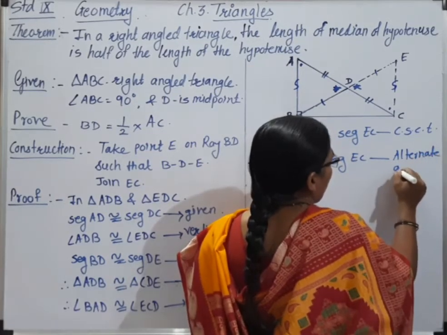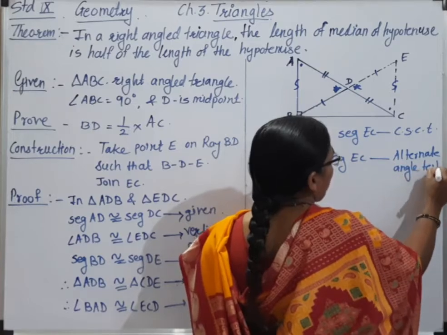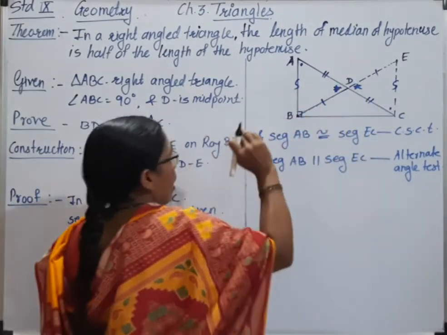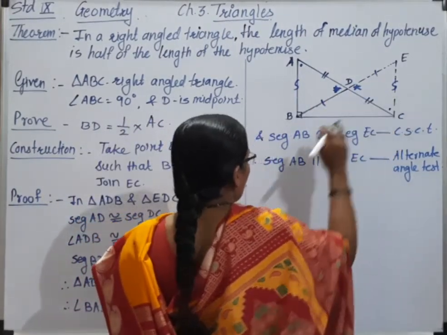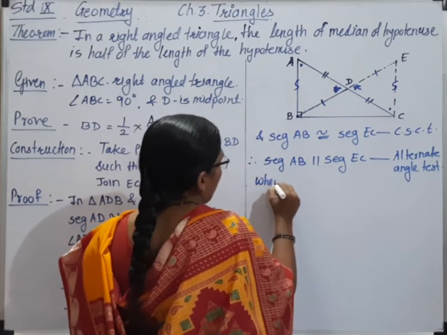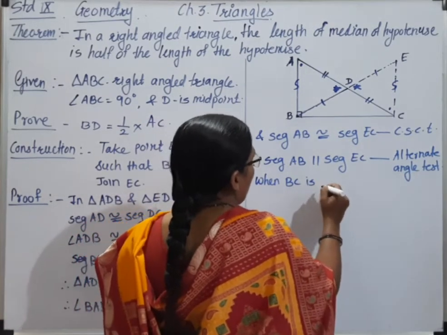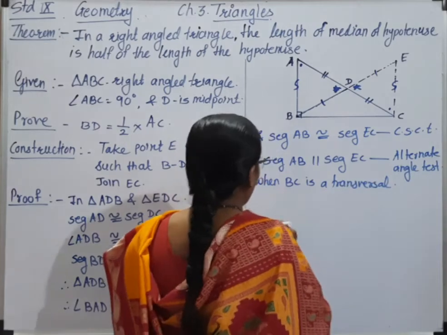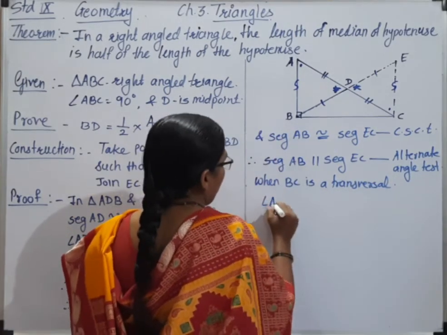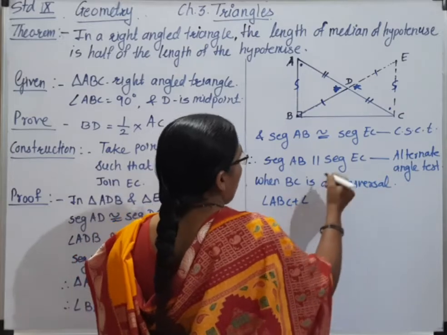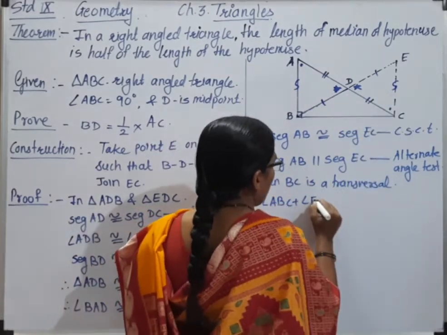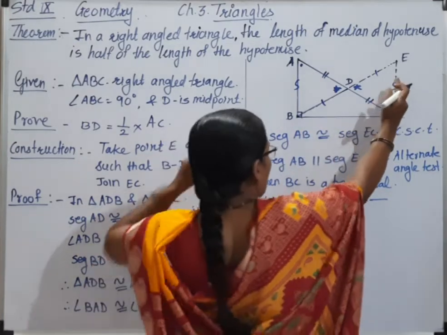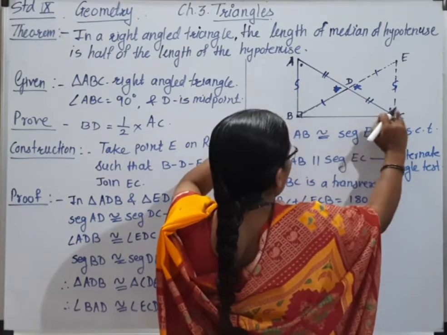Alternate angle test means here these two sides are parallel to each other, and BC is a transversal. Then angle ABC plus angle ECB is equal to 180, because these two lines are parallel to each other and BC is a transversal.